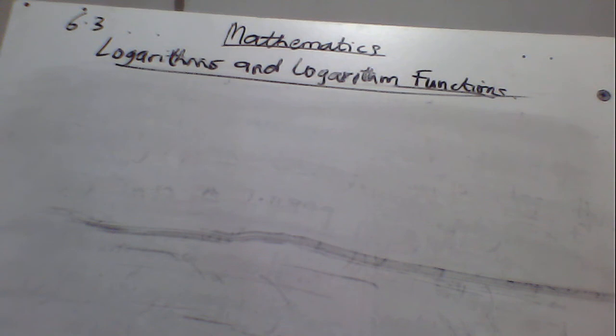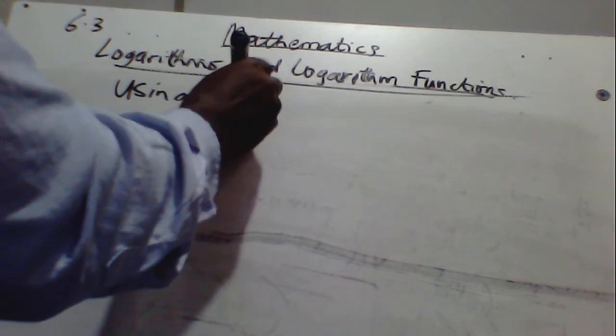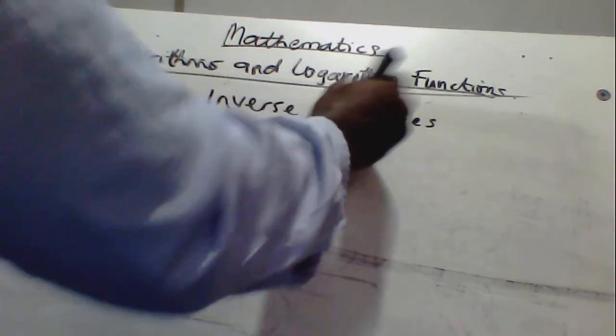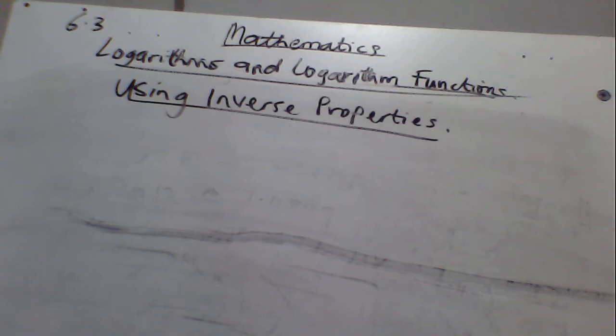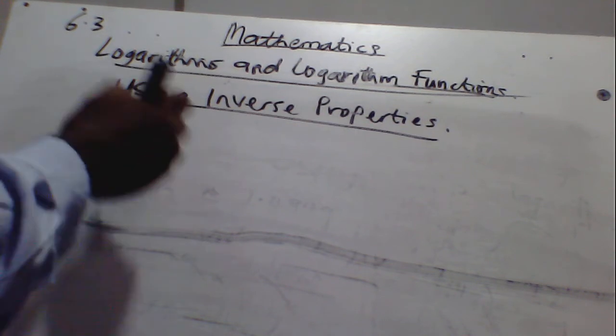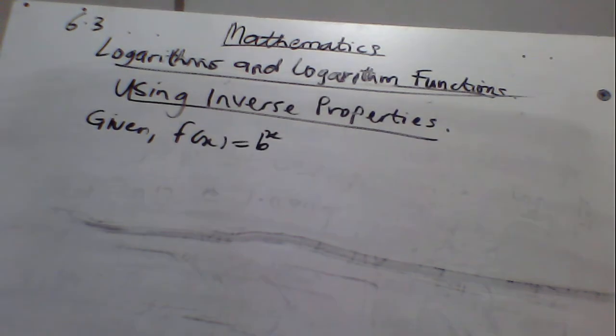So the next is using inverse properties. How do we use inverse properties to define the values of a given function? If we are given f of x equals b raised to power x, how do you solve this to get the inverse?